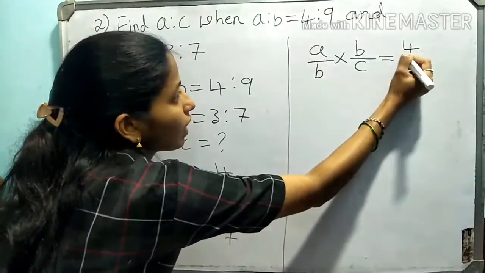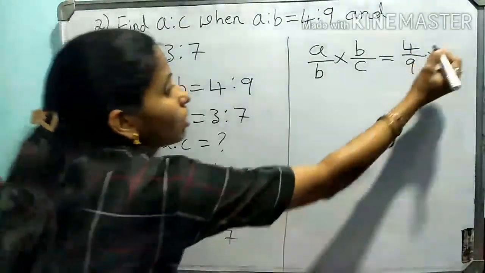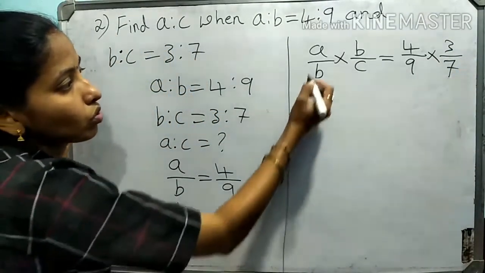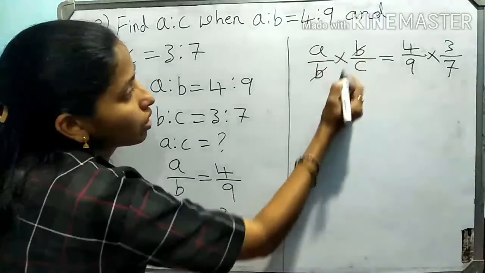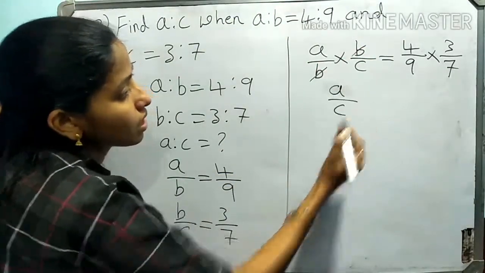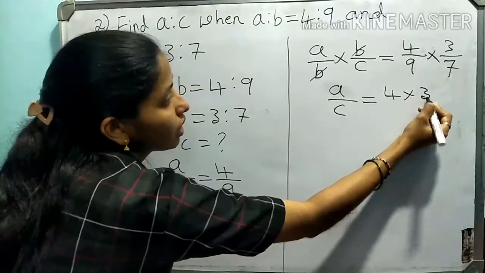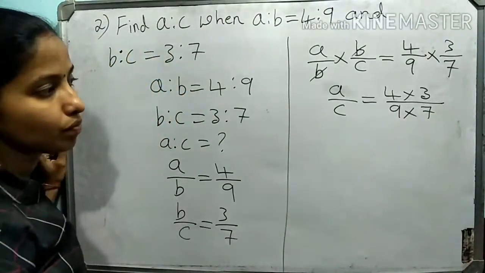So here B gets cancelled. So this A divided by C is equal to 4 into 3 divided by 9 into 7.